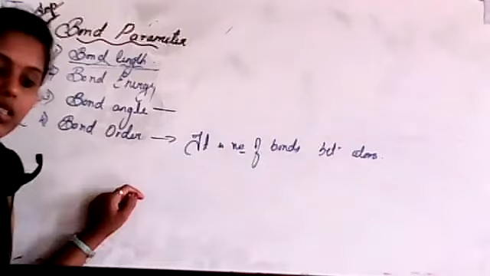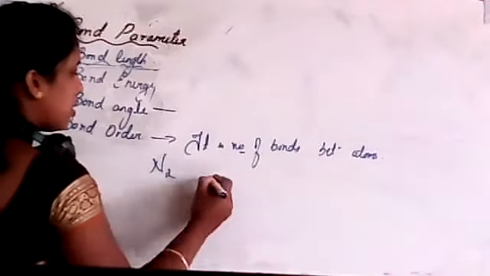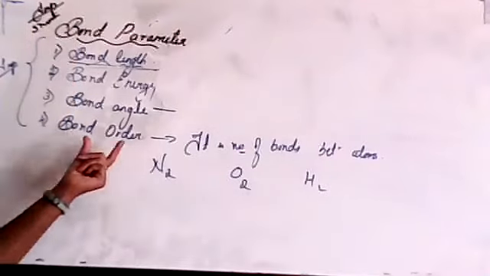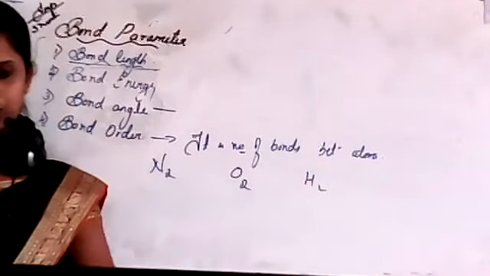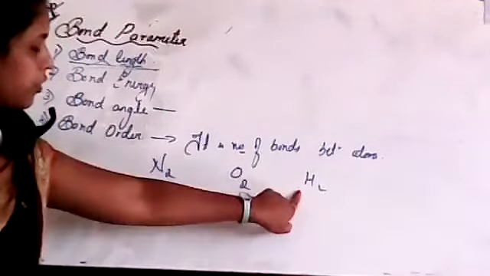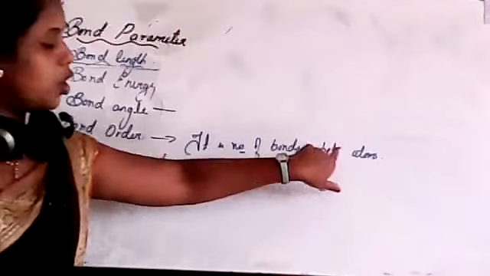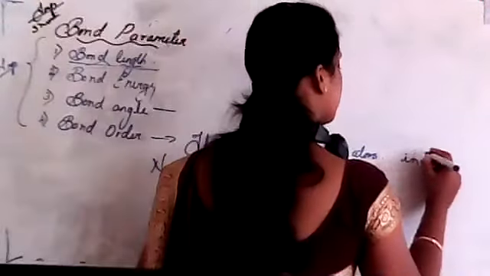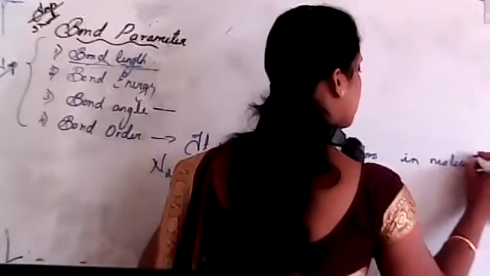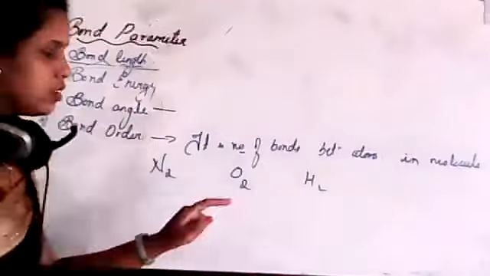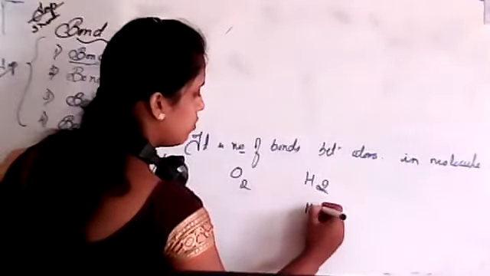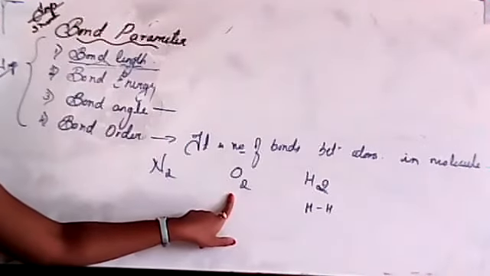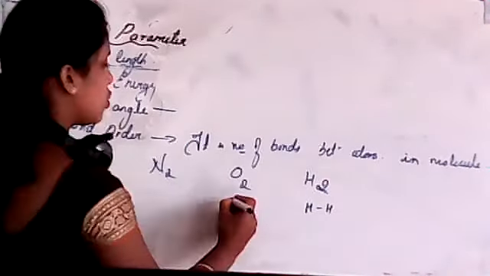What is the bond order for nitrogen, oxygen and hydrogen? For hydrogen, it is only one bond. For oxygen, we know the Lewis dot structure, it is 2.